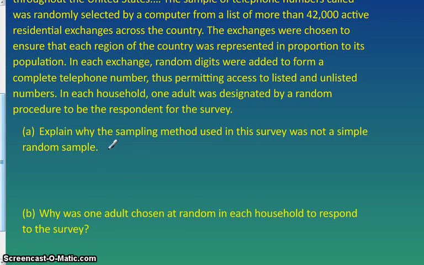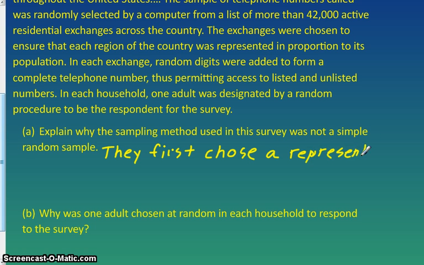Right. They first chose exchanges. All right. A representative list of exchanges.